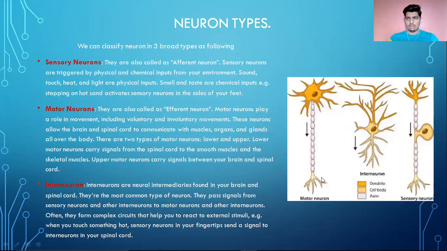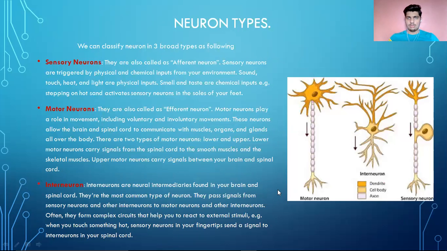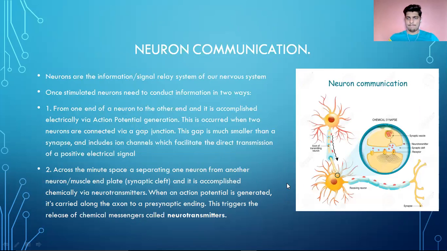You can see here the axons, and here the motor neuron, interneuron and sensory neuron are shown, how they actually look. This is the diagram of the transmitting neuron and this is the receiving neuron.